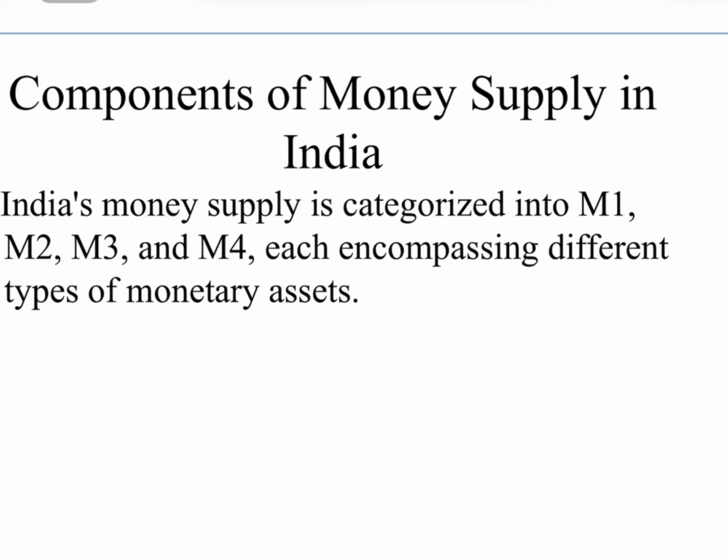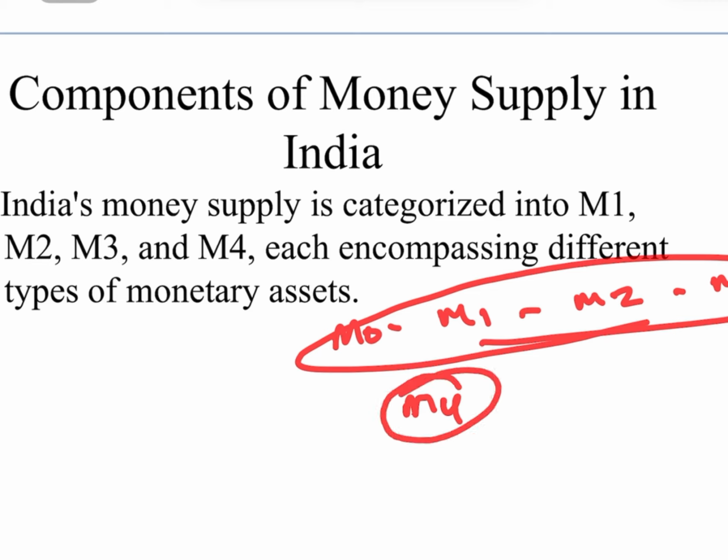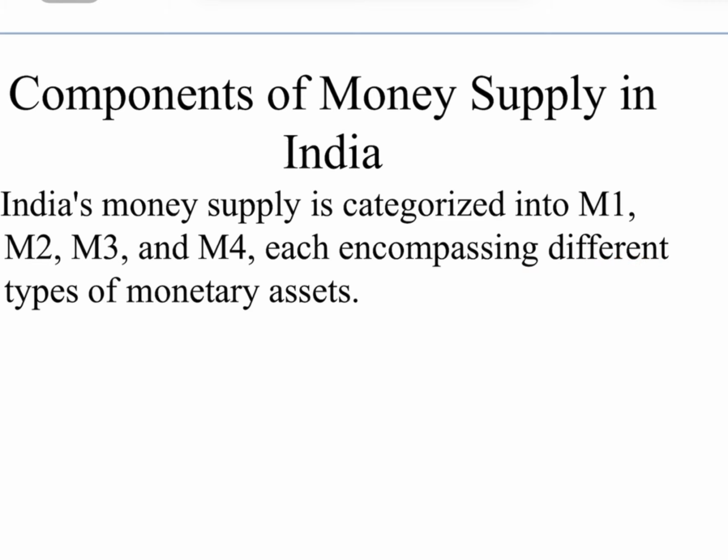We first have to remember that in every country, every federal bank, like in India, the Reserve Bank of India mainly focuses on M0, M1, M2, and M3. RBI doesn't use M4 for its monetary policy.